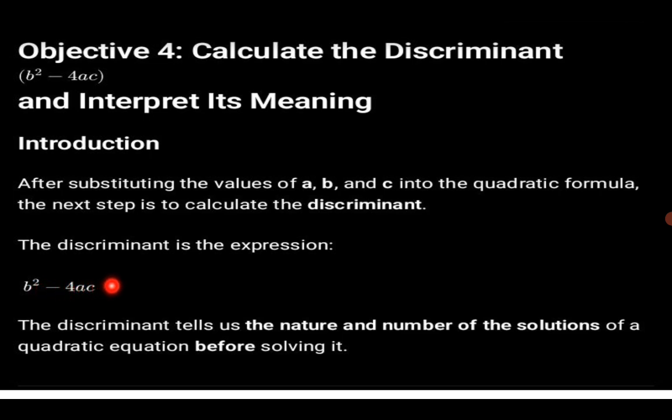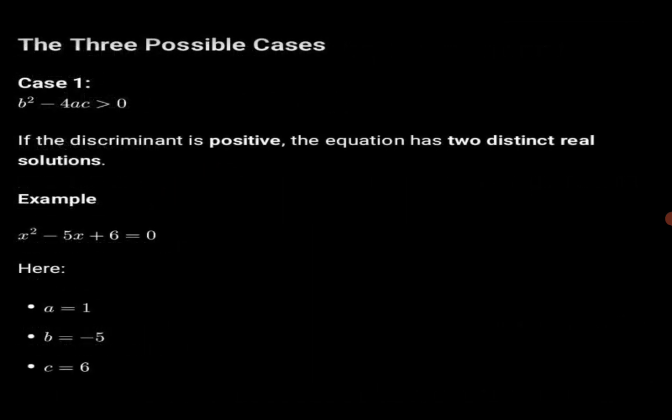So the value you get will tell you the nature and number of the solutions of the quadratic equation before solving it. So that's what we'd like to explore now. There are three possible cases.